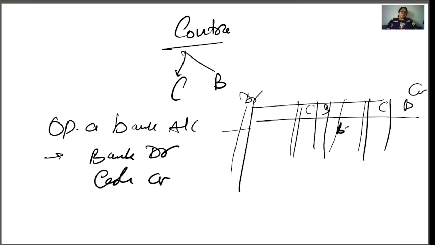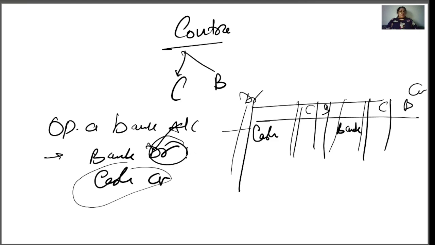So I need to write bank in the credit. And I will write cash this side. Opposite you need to do. If it is debit, just like we learned in the ledger, right? Same we are doing it. Bank is debit, so bank I need to write down in credit. Cash is credit, so I need to write down cash on the debit side.